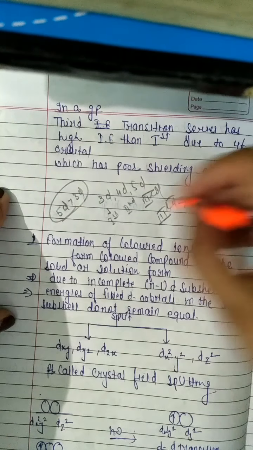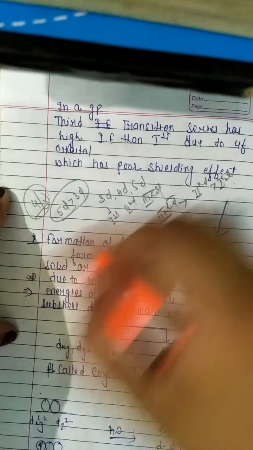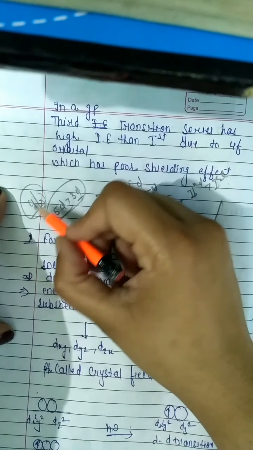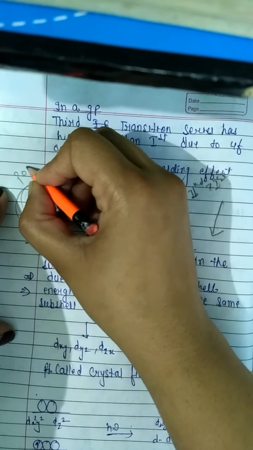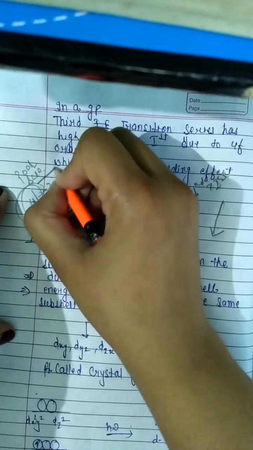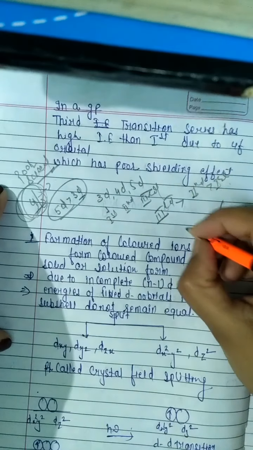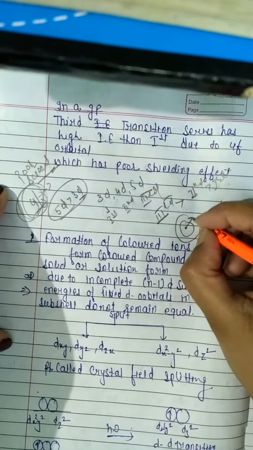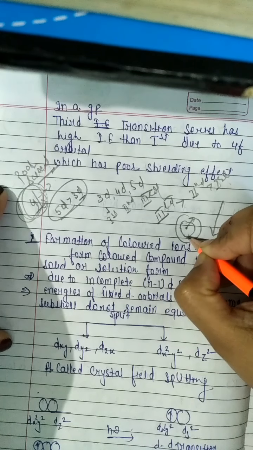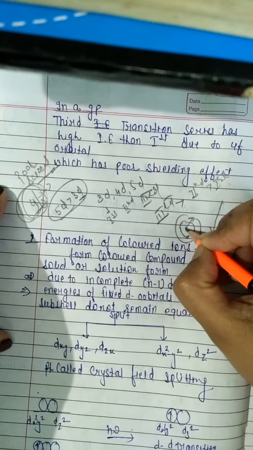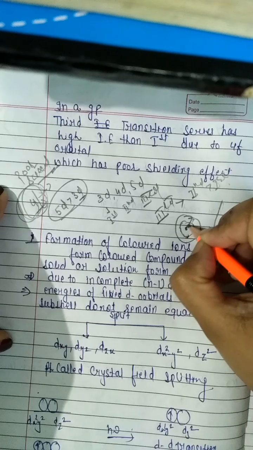This is due to the 4f orbital. After the 3d, we have to fill electrons in the 4f orbital, and the 4f orbital has a poor screening effect. Due to the poor screening effect, the nucleus and the outermost shell have a great attraction. If the outermost shell is not screened, not protected, then the attraction between the nucleus and the outermost shell increases and size decreases.